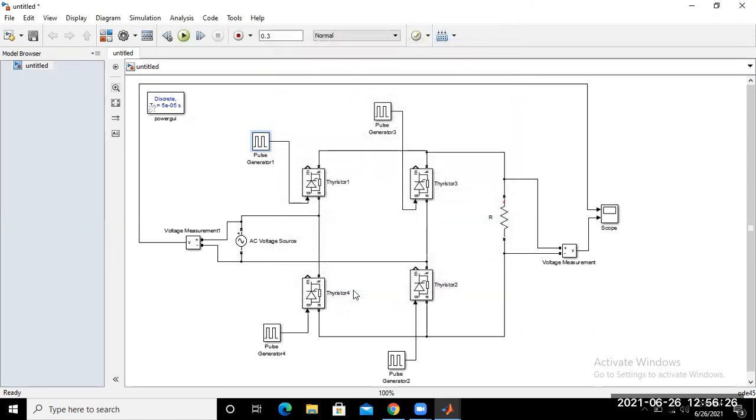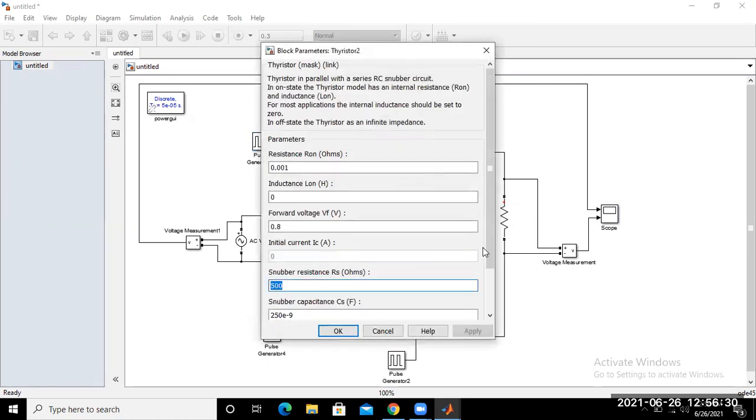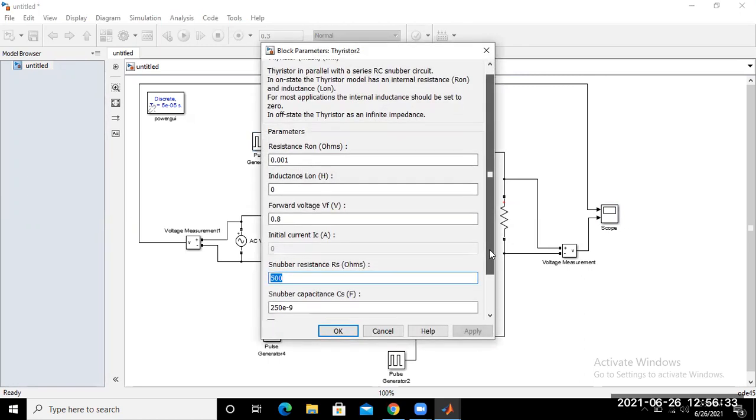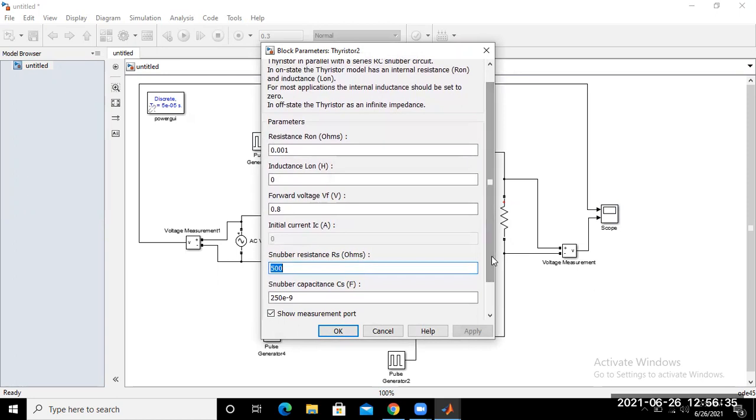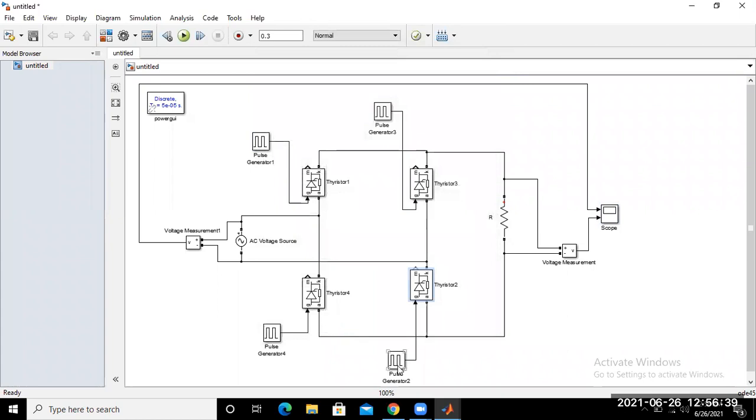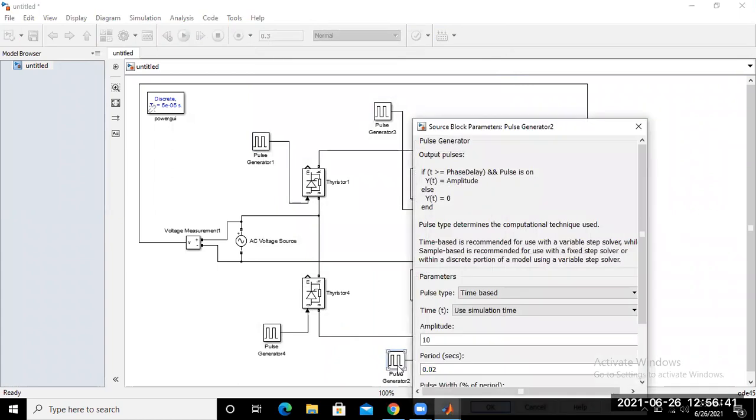Same phase angle delay for thyristor number 2. So again go to pulse generator 2.